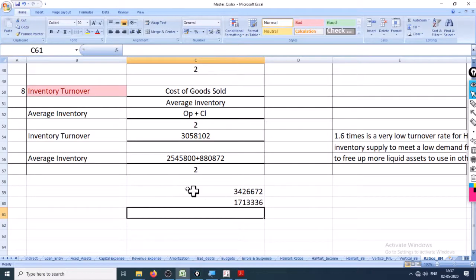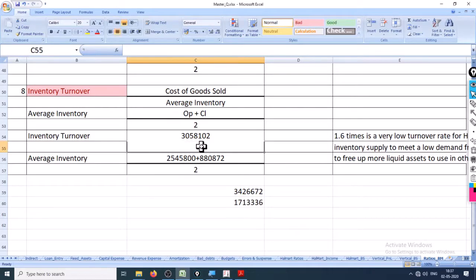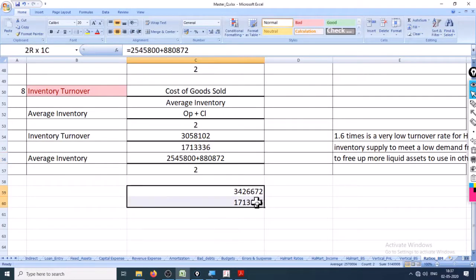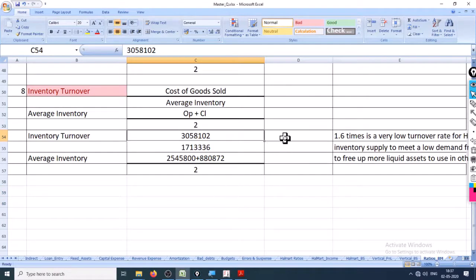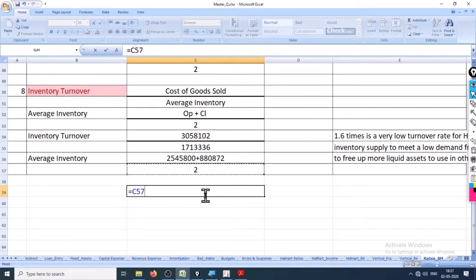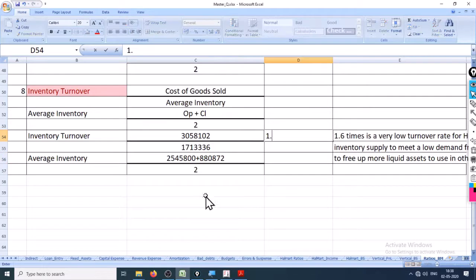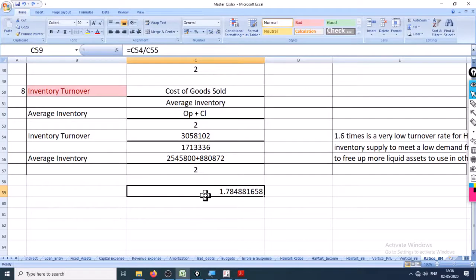So the average inventory is 1,713,336, right? And the answer should come to the cost of goods sold divided by this, which is 1.78 times, right? That's what the answer was. 1.78 times.